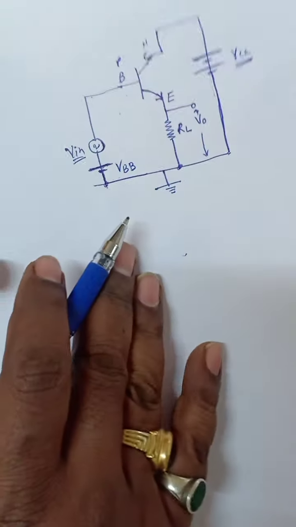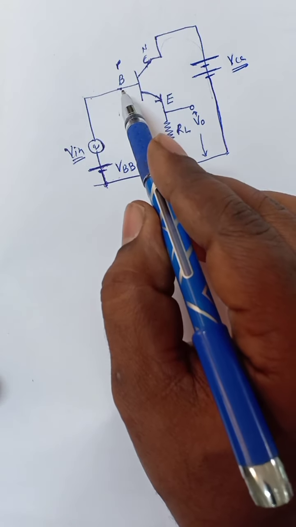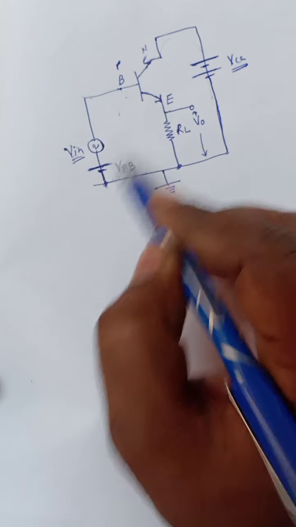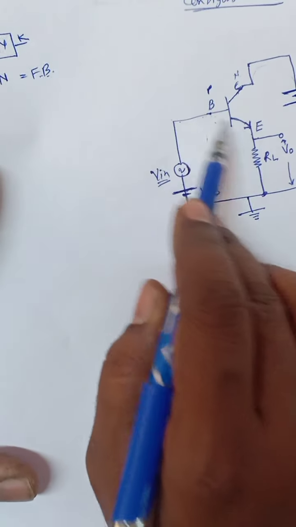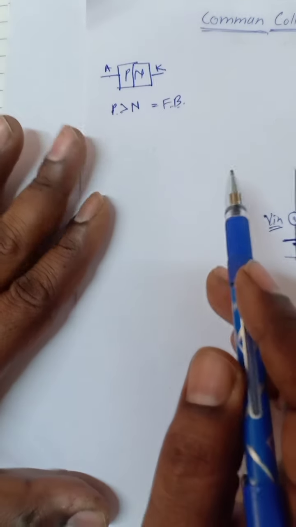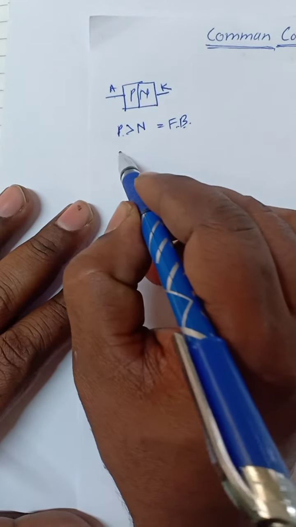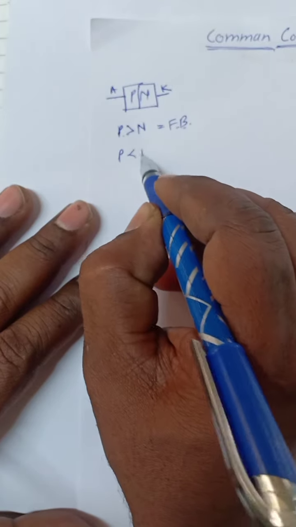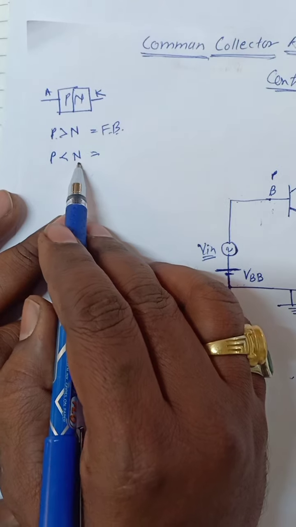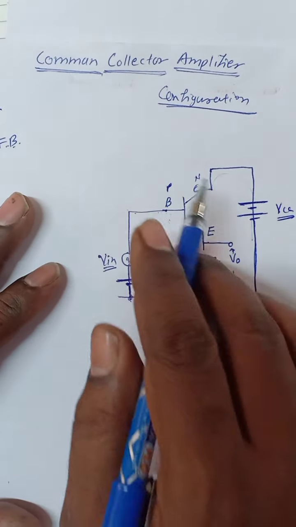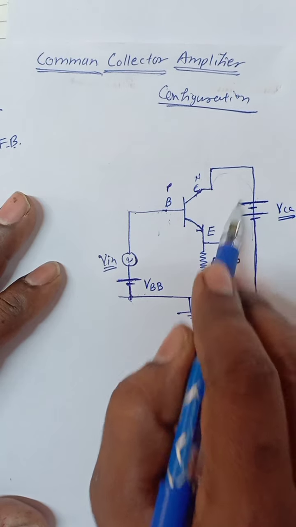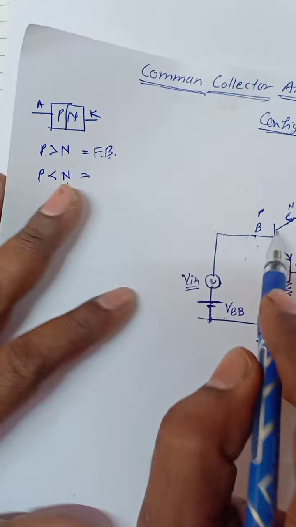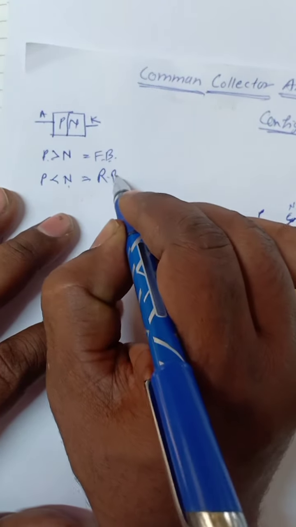Here the base becomes greater than the emitter, so it is at positive and the other is at negative, so the base to emitter junction becomes forward biased. And here, if N is greater than P, because of the double battery source, it becomes reverse biased.